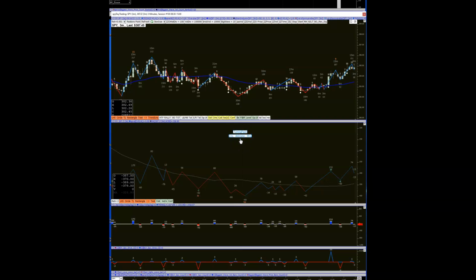With some detail, we're going to focus on the left-hand side and understand it's all about one thing: exhaustion. The left-hand side is all about exhaustion. When markets exhaust, the other side comes in.